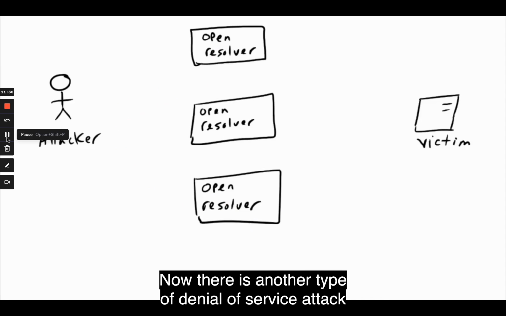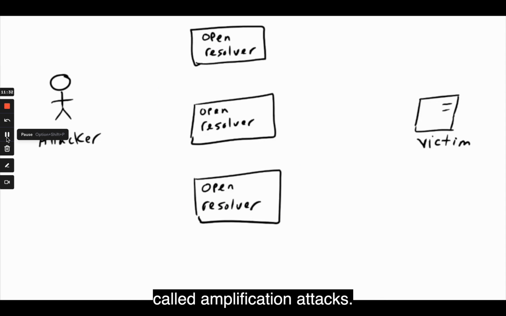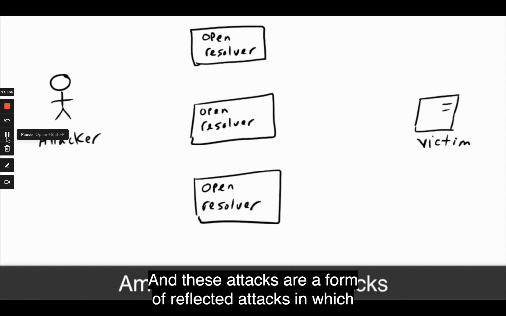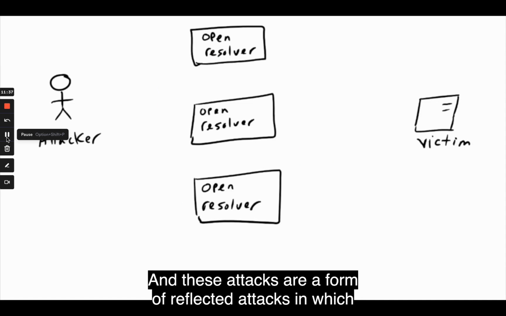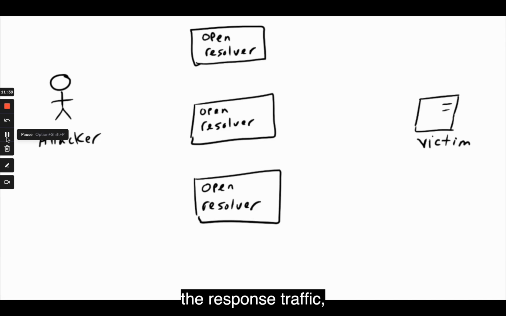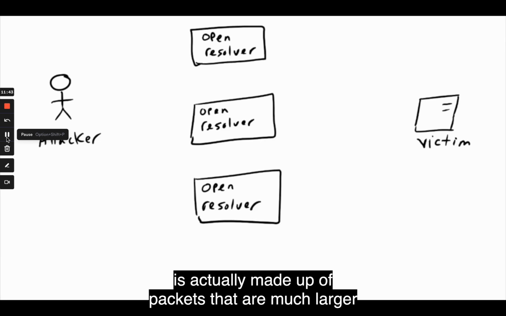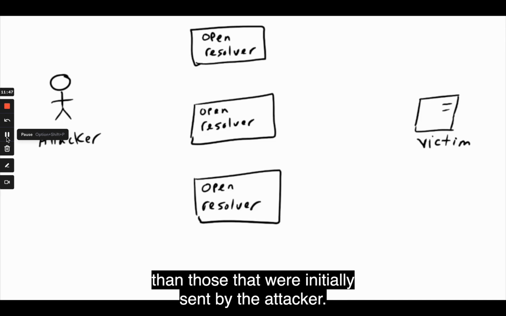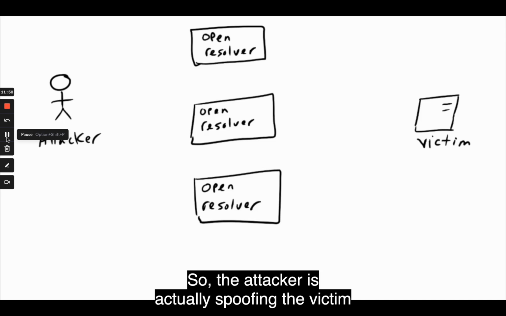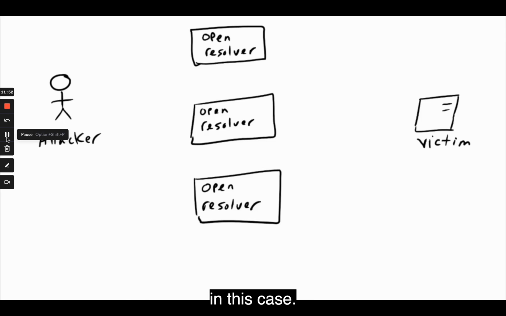Now, there's another type of denial of service attack called amplification attacks. These attacks are a form of reflected attacks in which the response traffic, sent by the unwitting participants, is made up of packets that are much larger than those initially sent by the attacker. The attacker is spoofing the victim in this case.